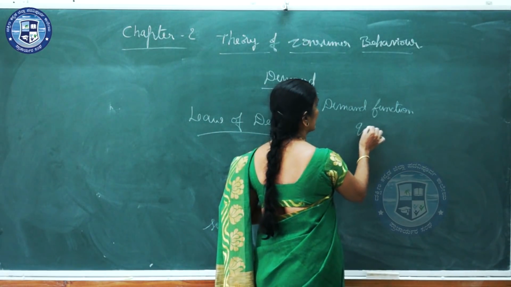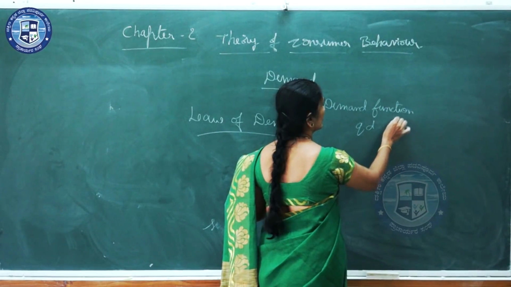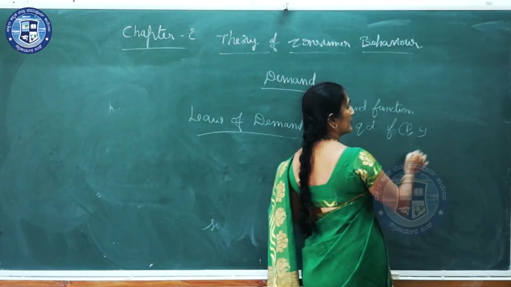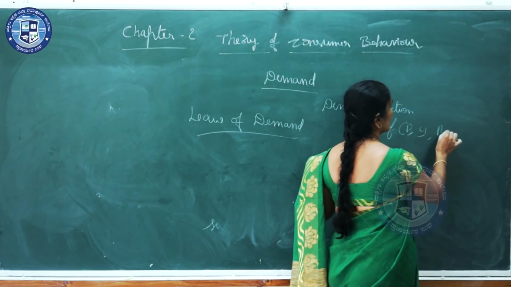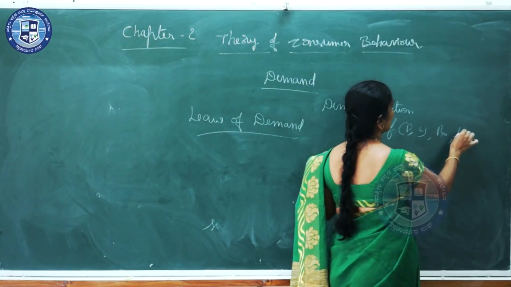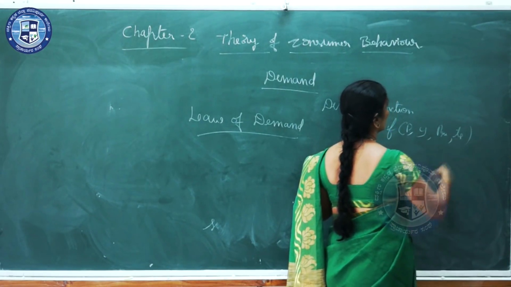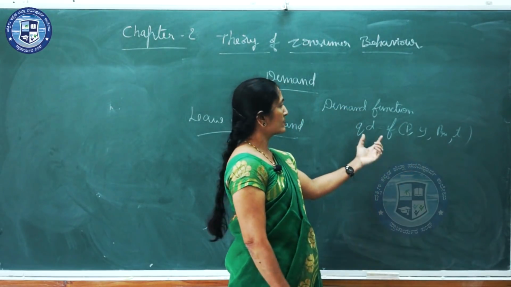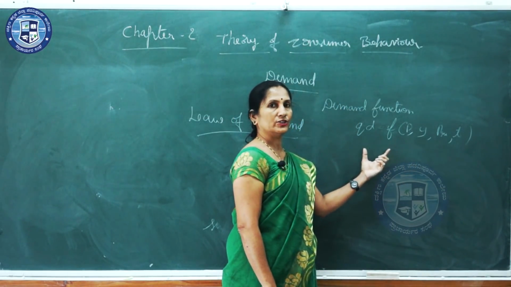We can write it as QD is equal to F of P, the price of the commodity, the income of the consumer, the price of related goods, and the tastes and preferences of the consumers. This is called the demand function.